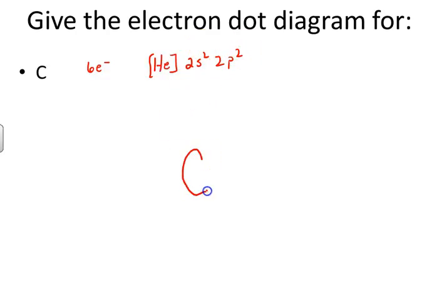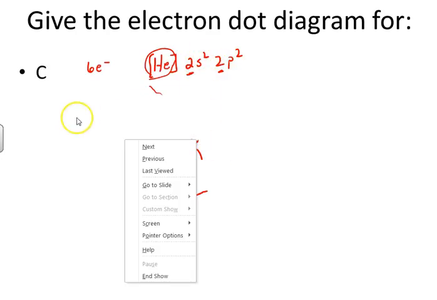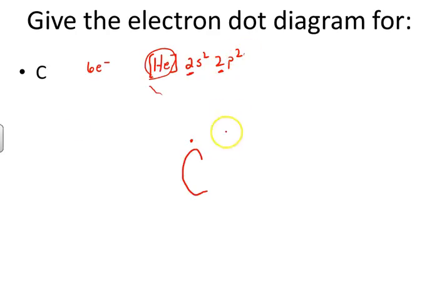Place our symbol, C. That takes care of these electrons and the nucleus. And then our highest occupied energy level is energy level 2. We have 1 pair of electrons located here, and we have 2 electrons located in p.